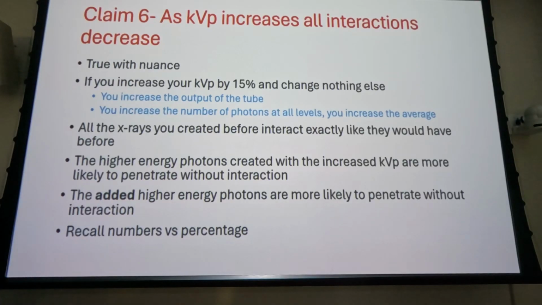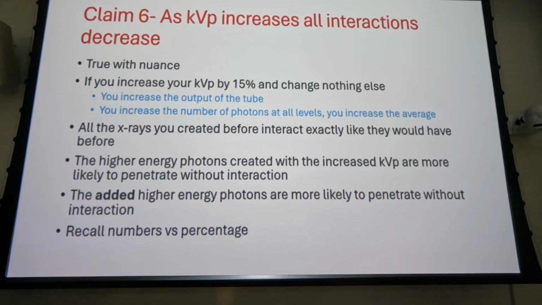So already, just including the peak energies, that's going to skew the imaging characteristics and the types of interactions inside of the patient, right? Even if you didn't increase the height, if you just increase those peak energies, you're going to get more penetration through the patient, which means the relative number of absorbed and scattered photons decreases.